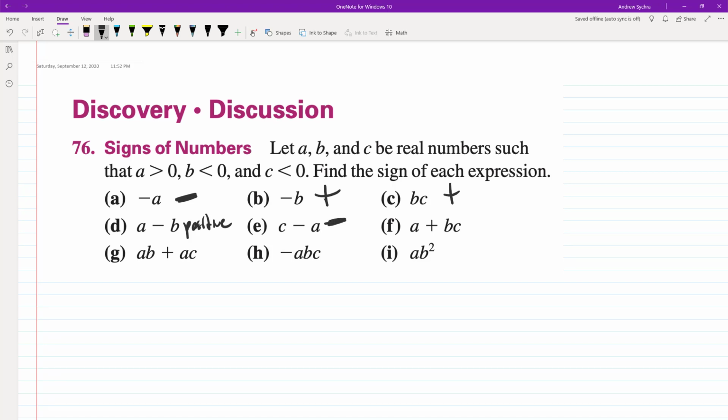A, B times C. Positive, because these two numbers here become positive, they're both negative, and that makes a positive. Positive plus a positive is a positive number. All right, AB plus AC. So that's negative. Negative. So negative.